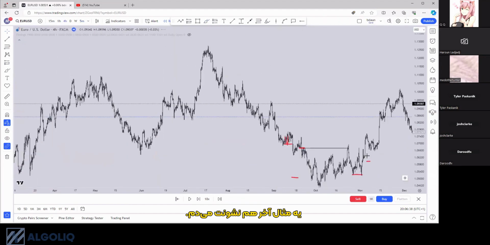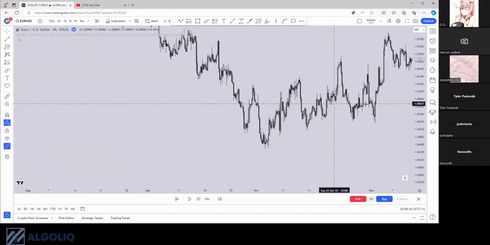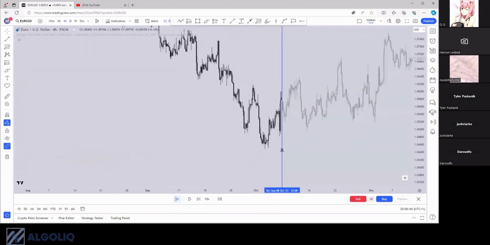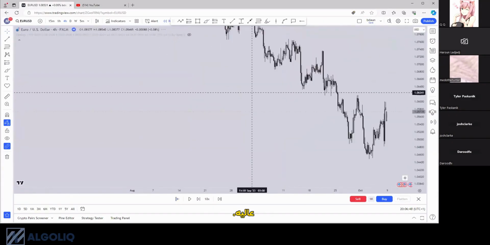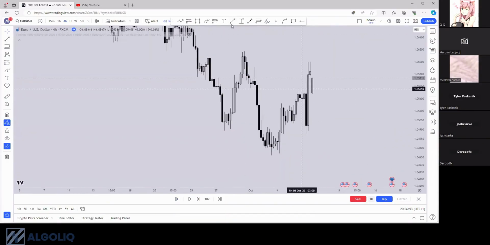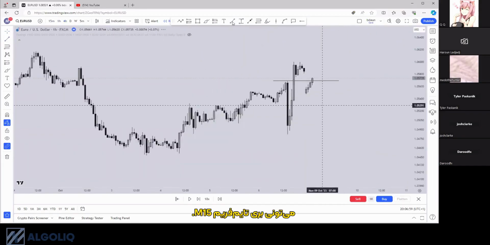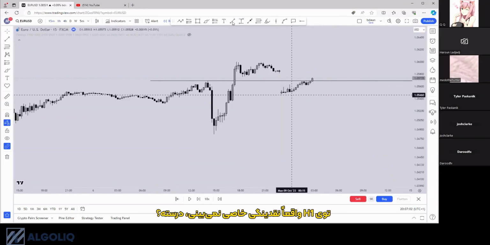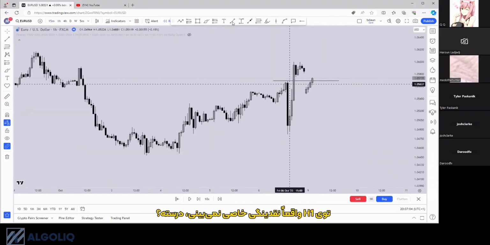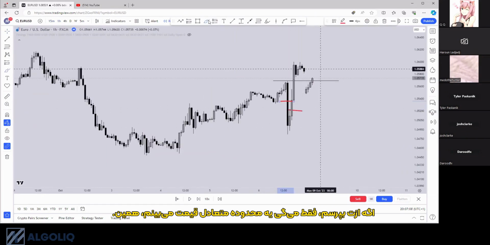I'll show you one last example, then we'll get to traps. So let's say here. Perfect. We have an H1 break of structure. You can go to M15. On H1, you don't really see any liquidity, right? If I ask you, you just say, oh, I see this balanced price range, but that's all.